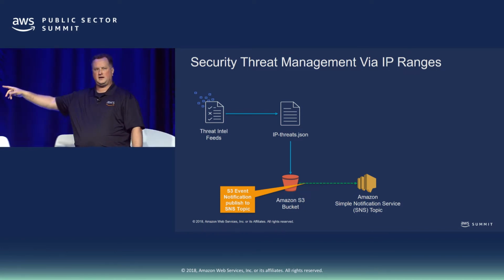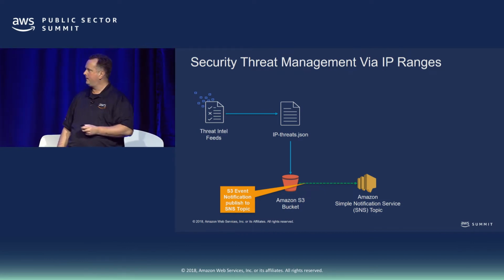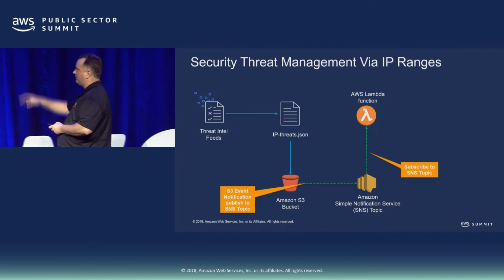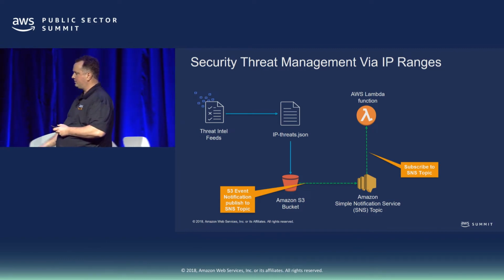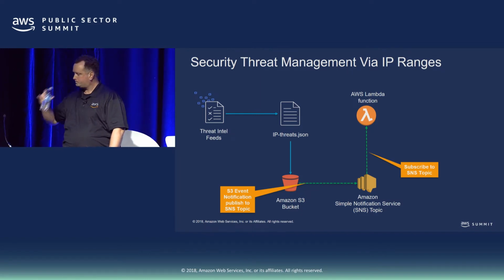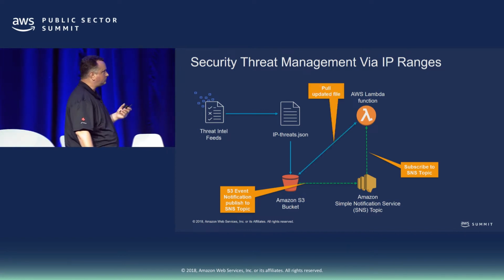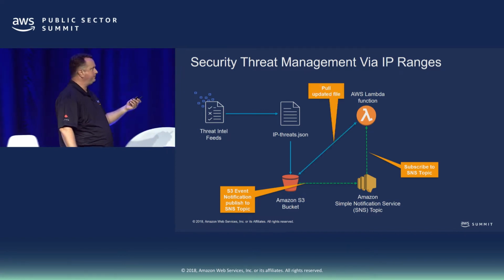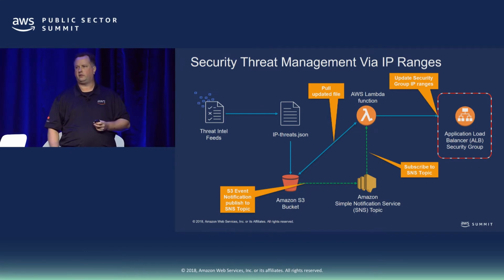S3 can then call SNS. So SNS is great for pub-sub kind of work. And then from there, you can have a Lambda function that subscribes to that SNS topic. So the Lambda function is essentially sitting there listening, waiting. And then from there, your Lambda function will pull the updated file and then maybe update a security group on your load balancers.